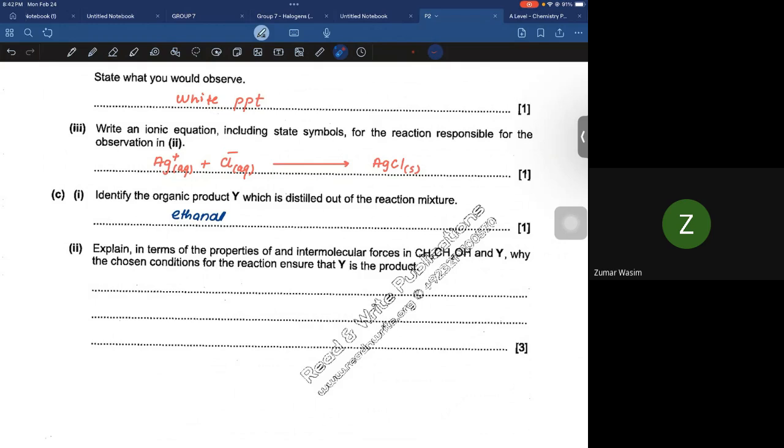So you must mention that your alcohol, in this case ethanol, has hydrogen bonding, and due to this it has strong intermolecular forces of attraction.